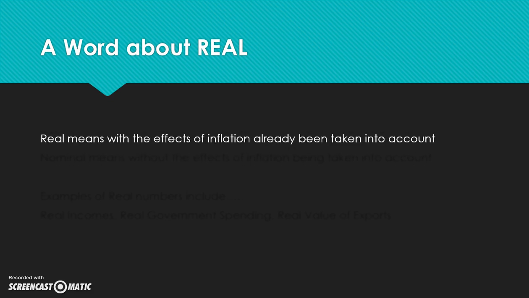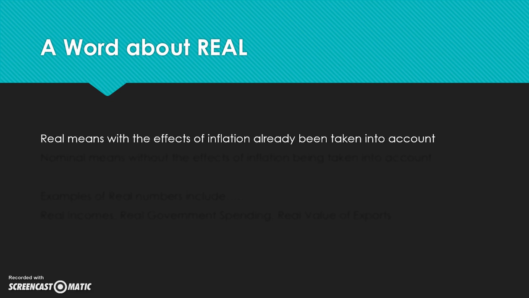I want to discuss very quickly the difference between real and nominal, because this comes up a lot in Theme 2. You'll notice in questions they use words real income versus nominal income. So what does it mean? Well, if anything has the word real in front of it, it means it has taken into account inflation.